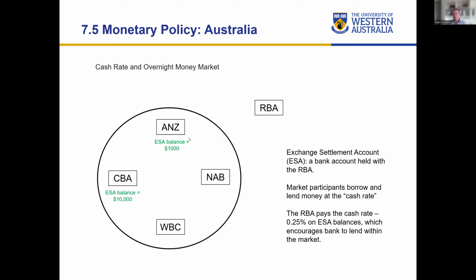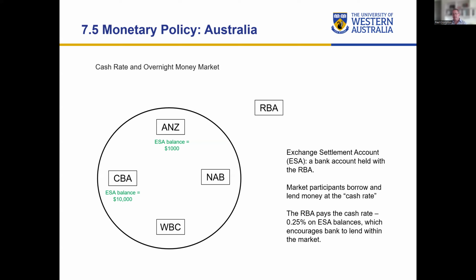We've been through this before, but we'll go through it again quickly. Let's imagine that the ANZ has a balance in its exchange settlement account of $1,000. And let's assume that a particular customer of the ANZ writes a cheque out to a customer of the National Australia Bank, and that cheque's for $2,000.